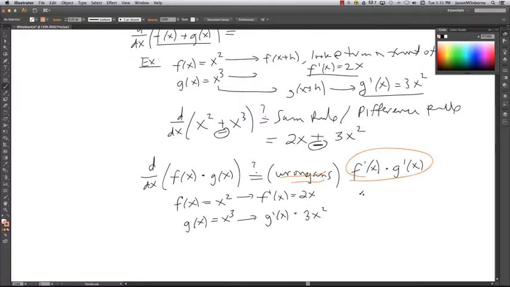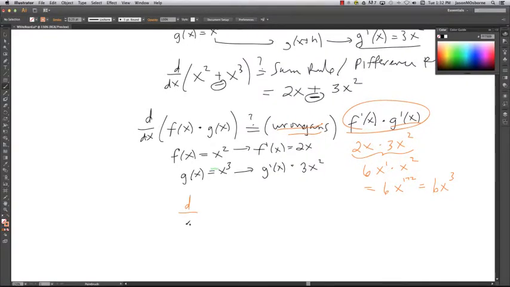The reason is that f of x is x squared, f prime of x is 2x, g prime of x is 3x squared, and by properties of exponents, this would be 6x to the first times x squared. That would be 6 times x to the 1 plus 2, which is 6x cubed.